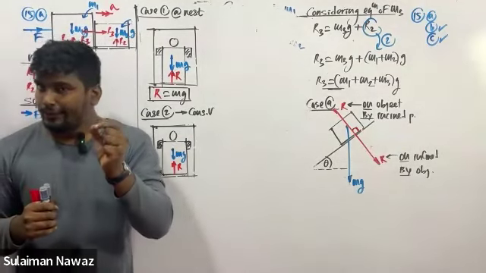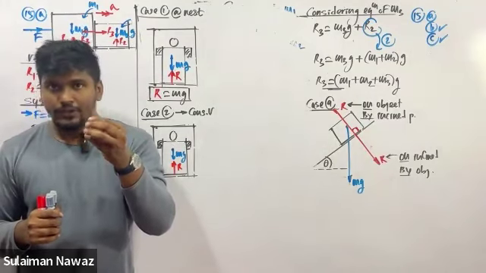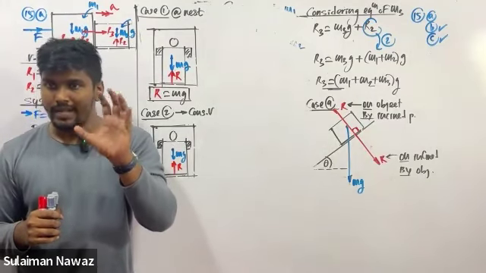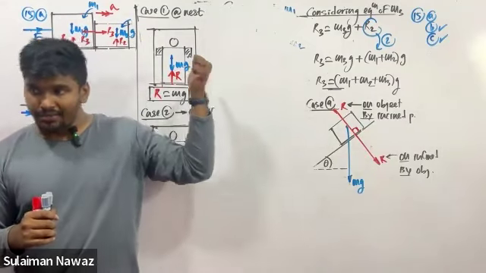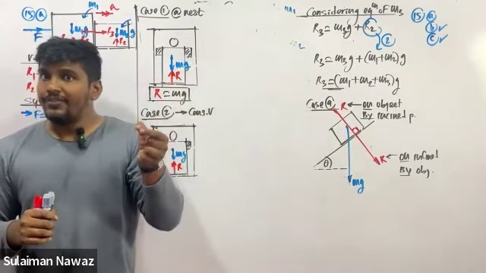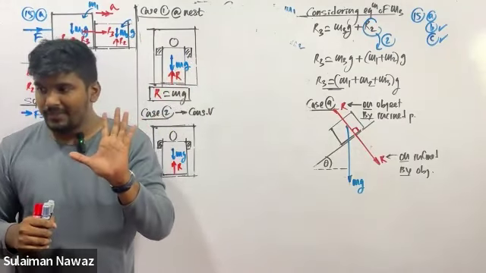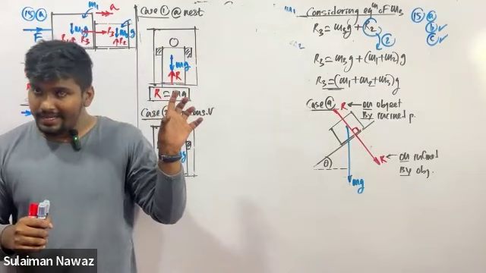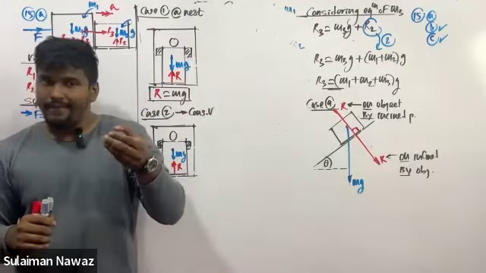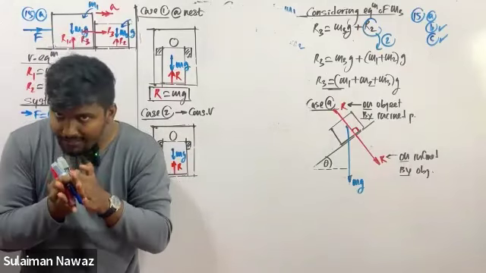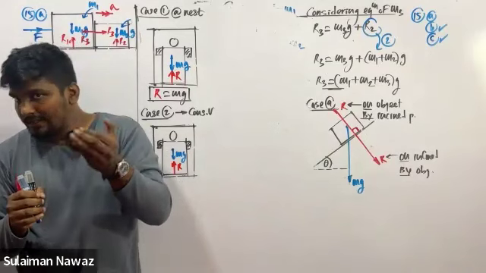Now, Newton's first law says what? When there is no resultant force acting on the object, the object should be at rest. If not, the object should move under constant velocity. Now, in case number 2, if lift moves under constant velocity, the man inside the lift also moves under constant velocity.